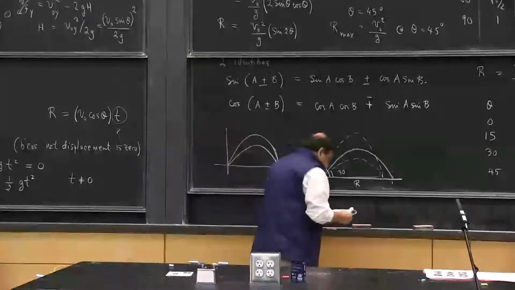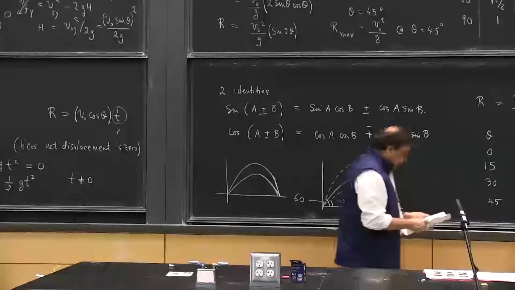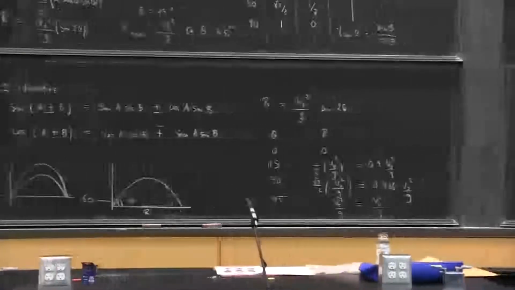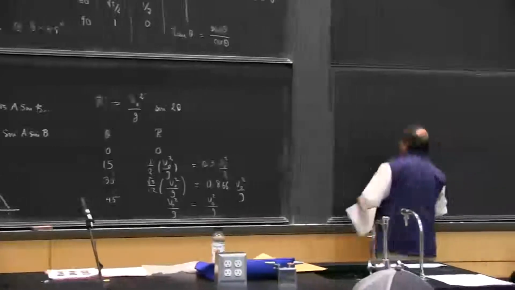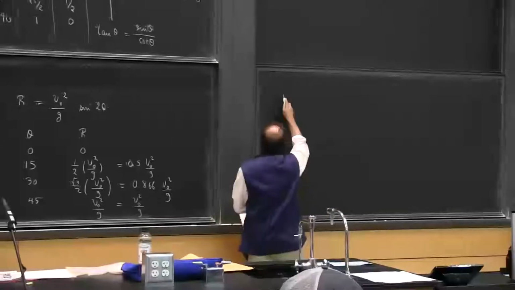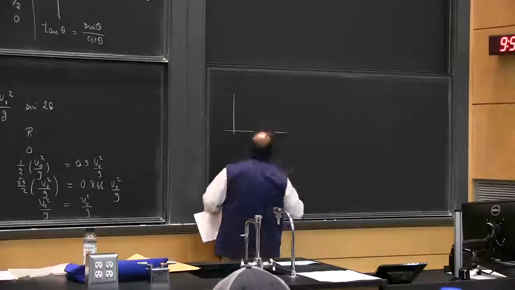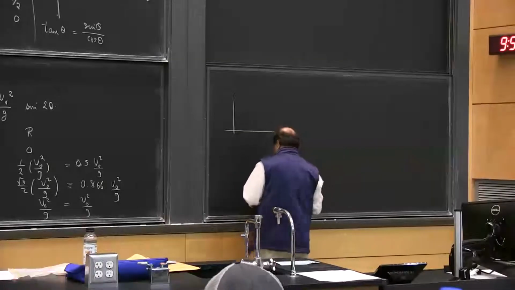So let's see if we can do a problem like that, because those problems are actually quite interesting, not quite easy. So let's say there are two cannons that are fired. Okay, so this is my x and my y-axis.